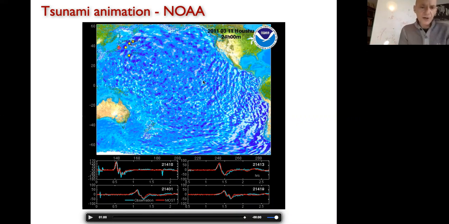But when the Sumatra earthquake occurred on December 26, 2004, in the Indian Ocean, there were no buoys at the time.